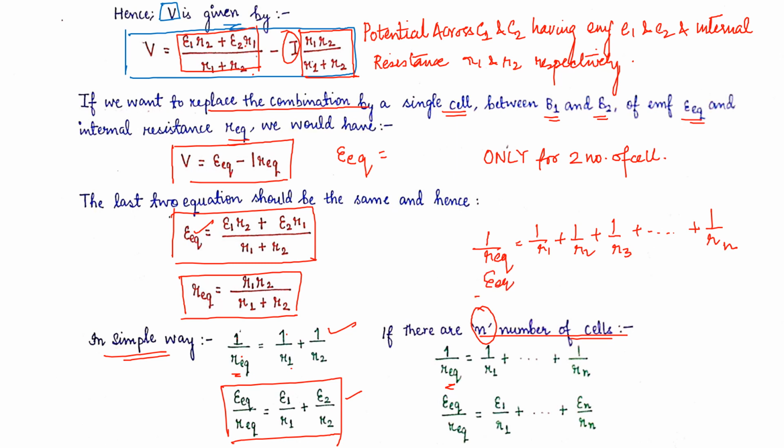Similarly, E equivalent upon R equivalent equals E1 upon R1 plus E2 upon R2 plus E3 upon R3, and so on up to En upon Rn. So this is our equivalent EMF and internal resistance when we are considering these cells.